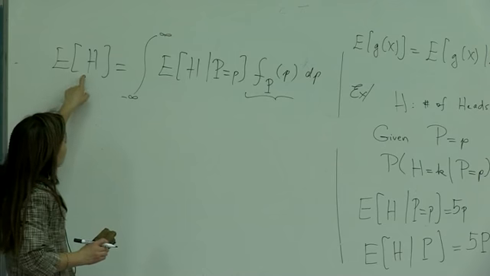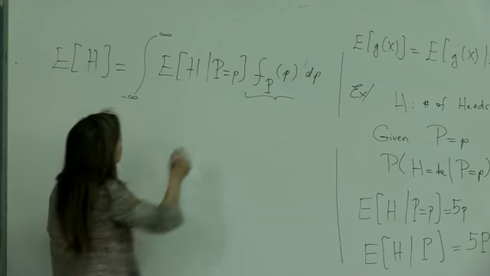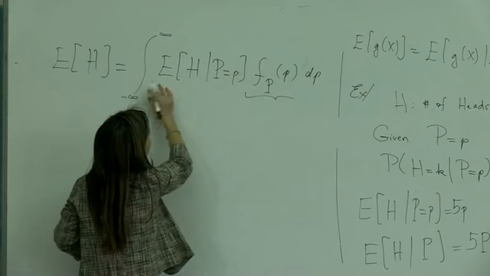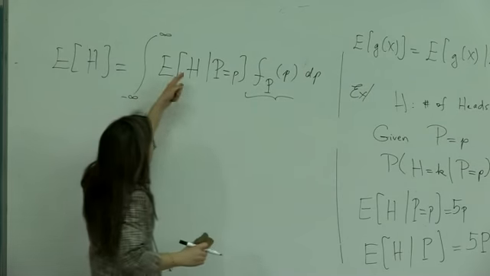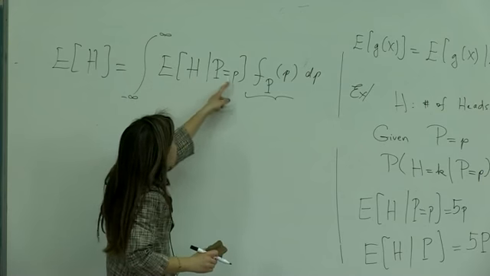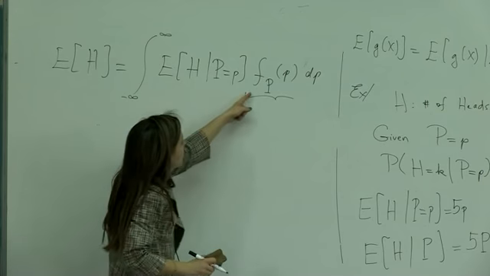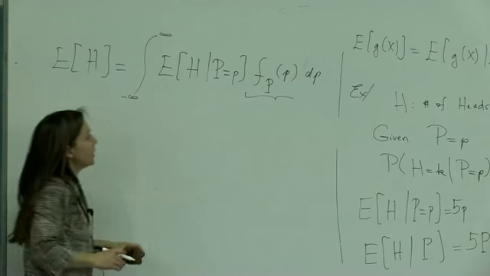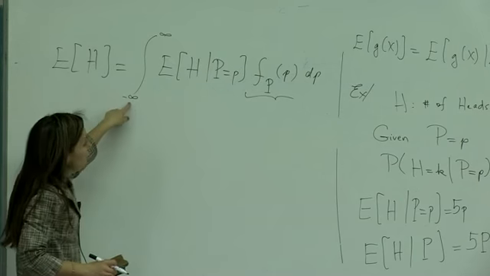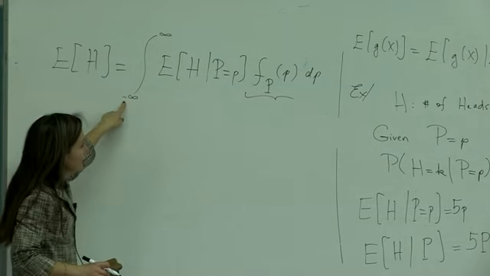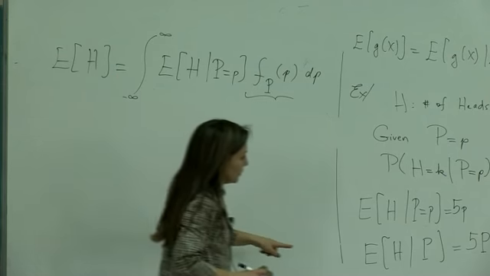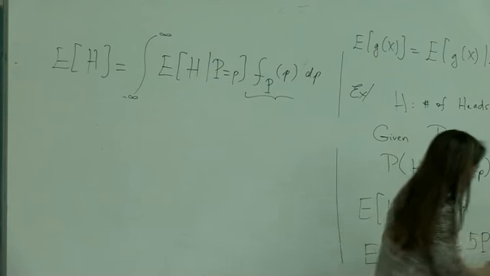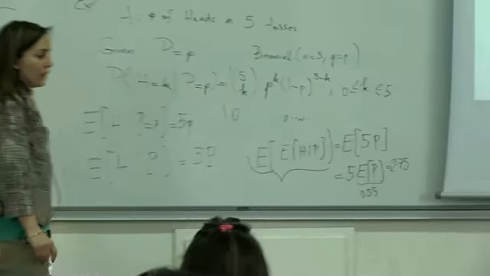The expected value of H can be found by taking a weighted sum. In this case, it's an integral. Expected value of H given P is this times the density of P. What I wrote here is an open form of this. Okay?